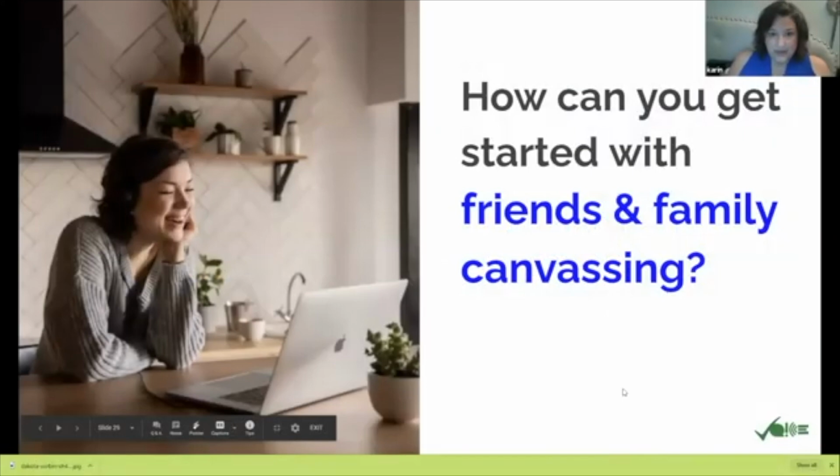So the question becomes, since obviously friends and family canvassing is a superior methodology, how can people, ordinary folks, get started doing this kind of work? And often what I find is there's a certain fear about doing it because not all people are accustomed to talking politics in their families and in their relationships.